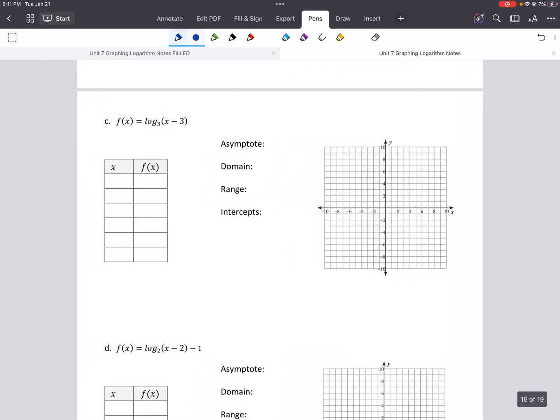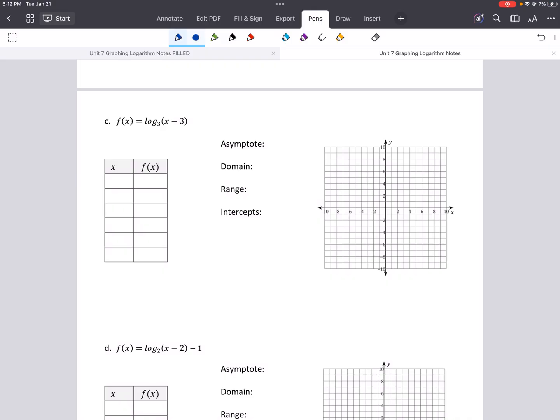I have like 4 more examples. You probably don't want to go over all of those. I do have them all filled in on Canvas in the filled in notes. Let me look at them really quick and see if there's anything out of the ordinary that we need to make sure we talk about.